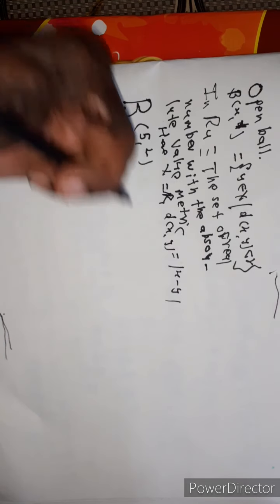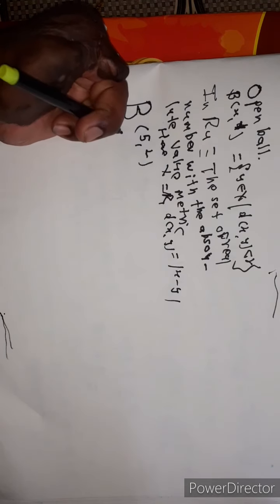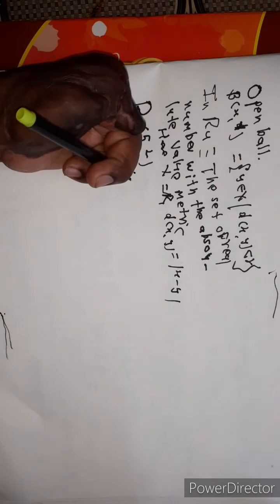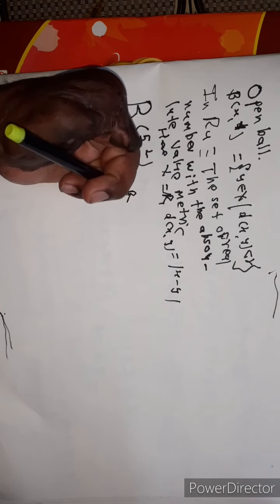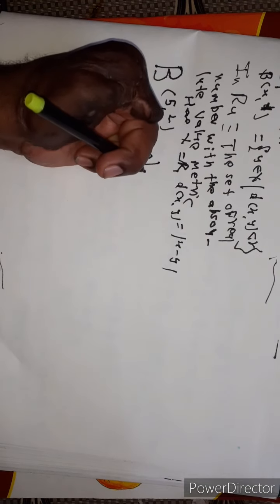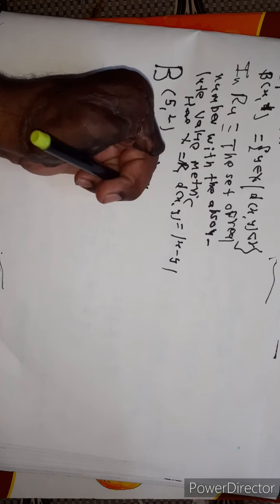Now see here, open ball centered at 5 and radius 2 is the set of all x belong to R such that distance between x and 5 is less than 2.